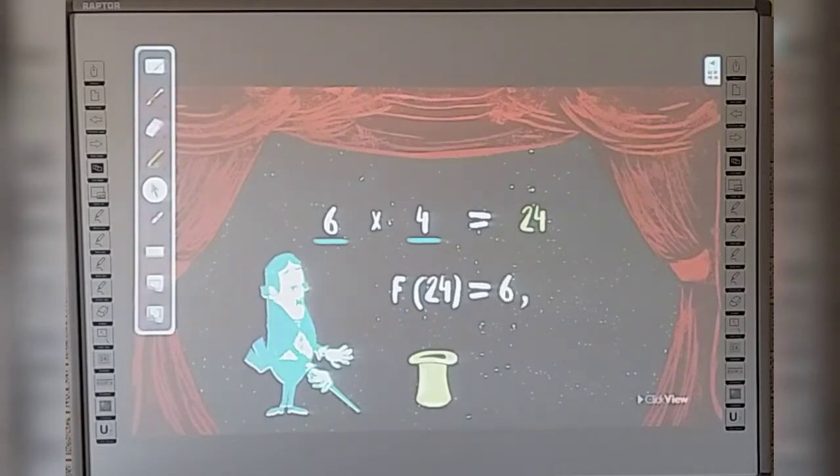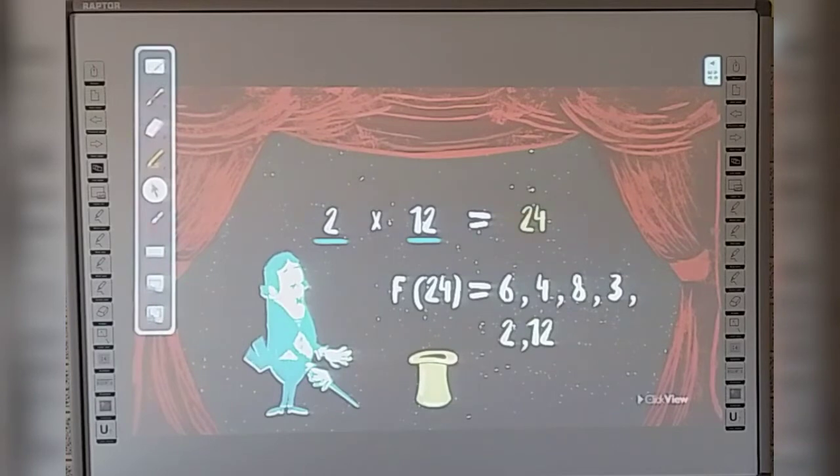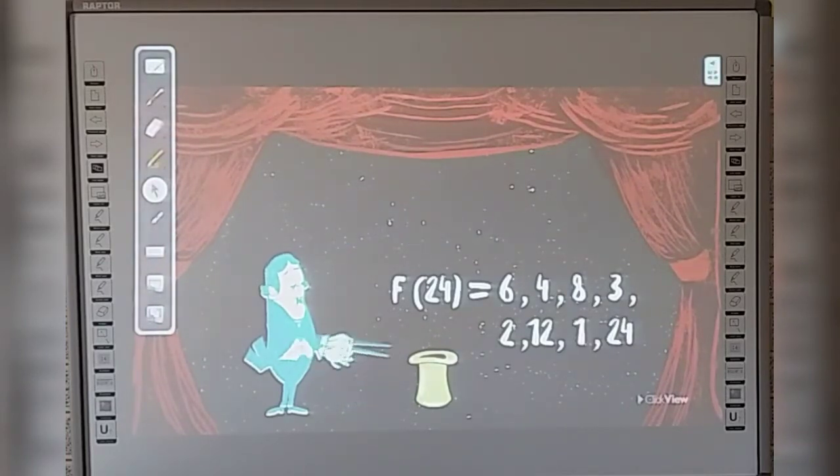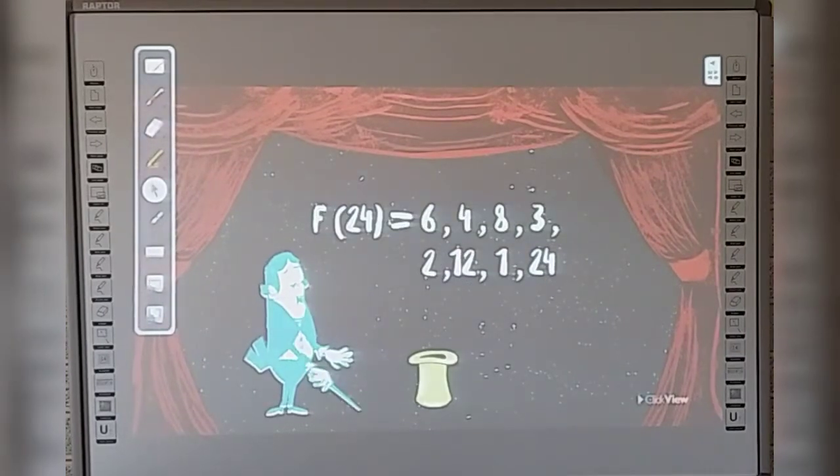That means that 6 and 4 are factors of 24. But you might already know that there are more factors than just 6 and 4, like 8 and 3, and 2 and 12, and don't forget 1 and 24. These are all factors of 24.